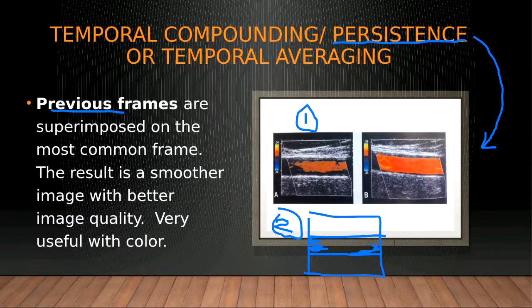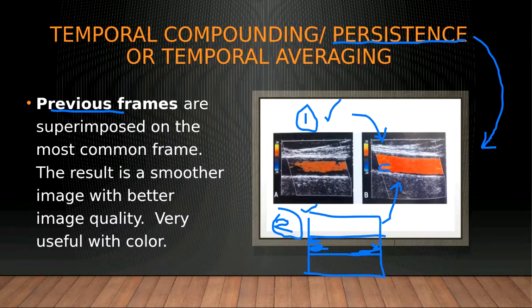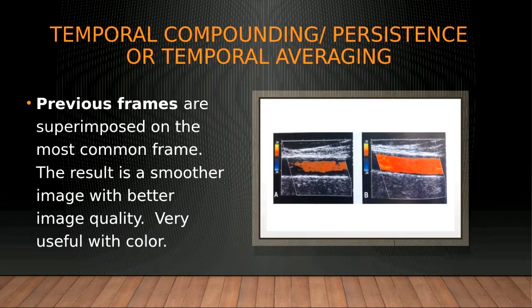So if you take this frame along with this frame and put them both on one final frame, you're going to get the filling in here that you had in this bottom image and the filling in through the center that you had in the first image. So basically what we're doing is taking multiple frames, and the little bits of color that were showing up in each individual frame will all show up in the final frame. It works really neat getting good fill-in from edge to edge in vessels when we use persistence or temporal compounding with color. So it's most noticeable there.